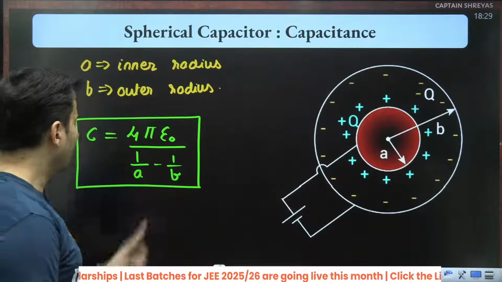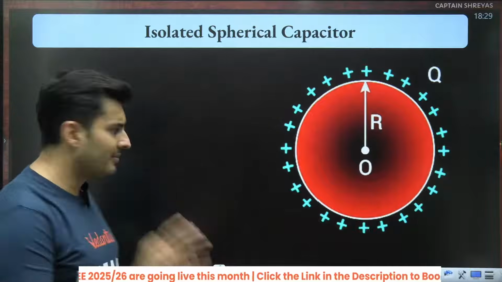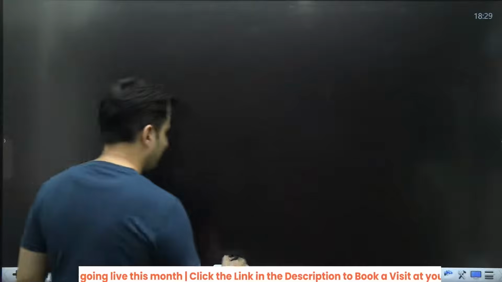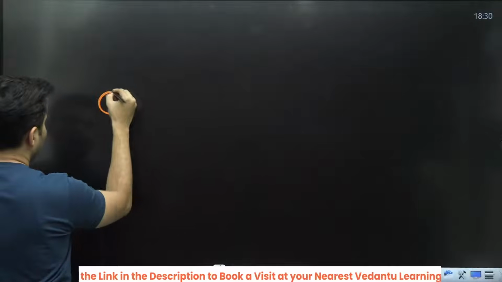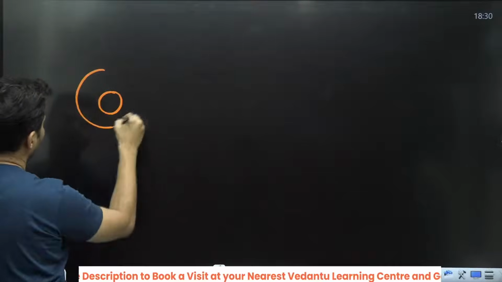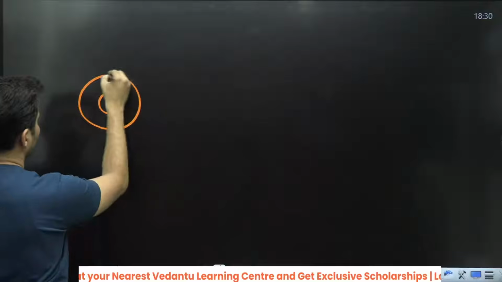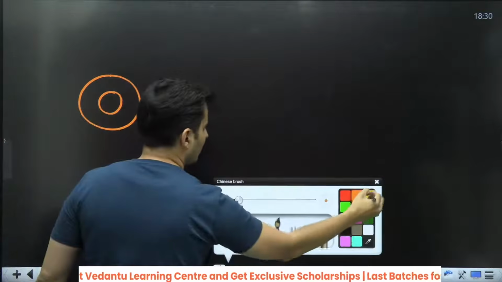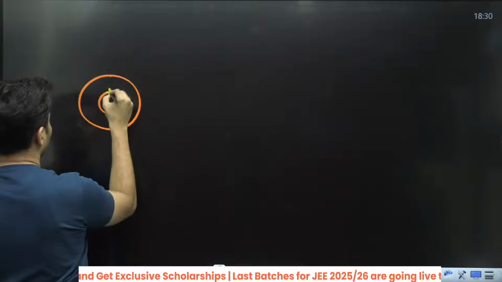Now, there is one more special type of capacitor, and that is called an isolated spherical capacitor. Why this? Let me tell you. Imagine there was a positively charged sphere and then there is a negatively charged sphere, something like this. This one is positive.